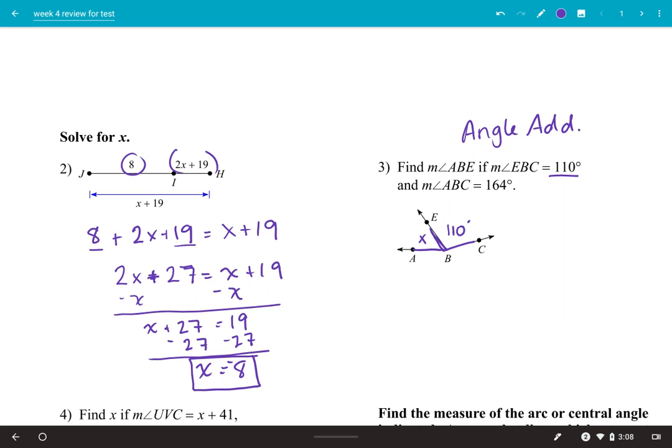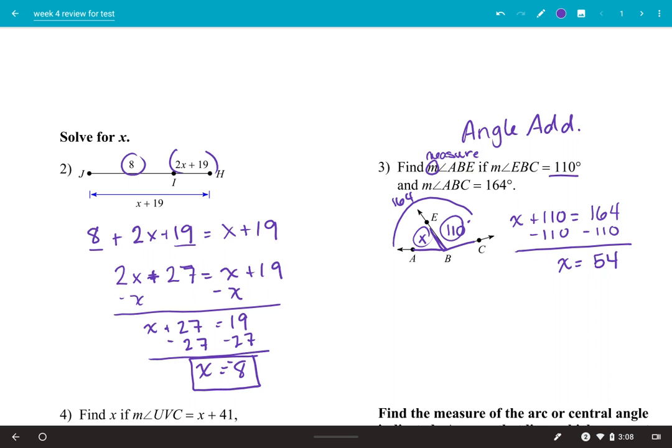That's what it's telling us. And we know that the whole thing, ABC, and remember m means measure, is 164. So I'm going to add the two inside pieces to equal the whole thing. And I get x is 54.